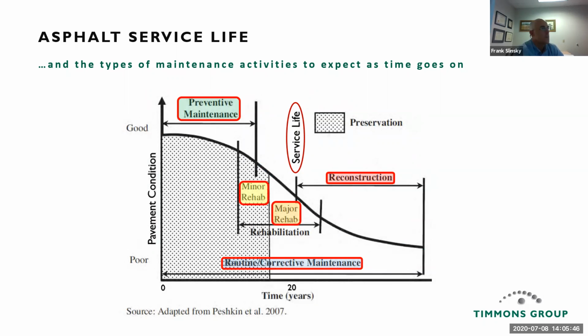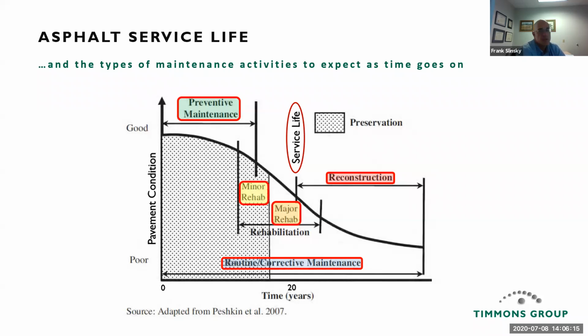These are typical maintenance activities highlighted, where in the early life of a pavement, that's your opportunity for preventative maintenance. Then you go to minor rehab, which is an overlap with preservation, which is in the stippled area. Then it goes to major rehabs, then reconstruction, and then routine corrective maintenance.